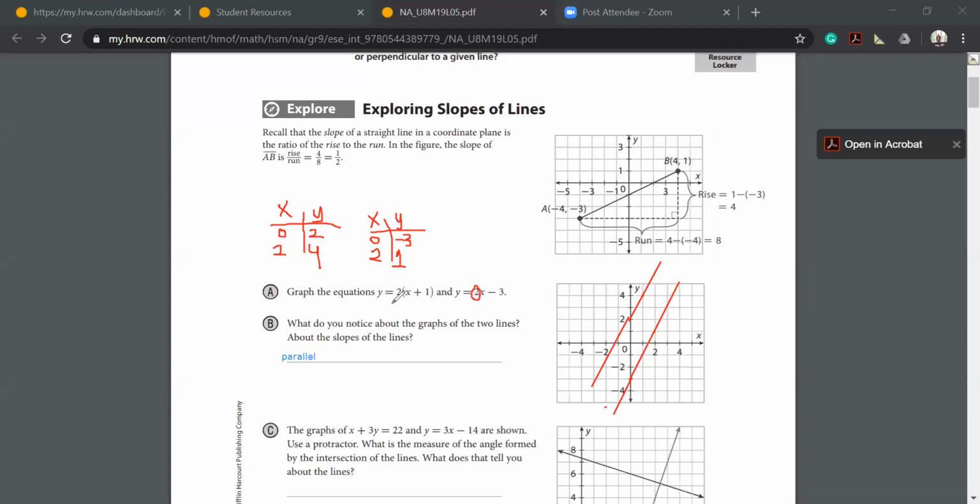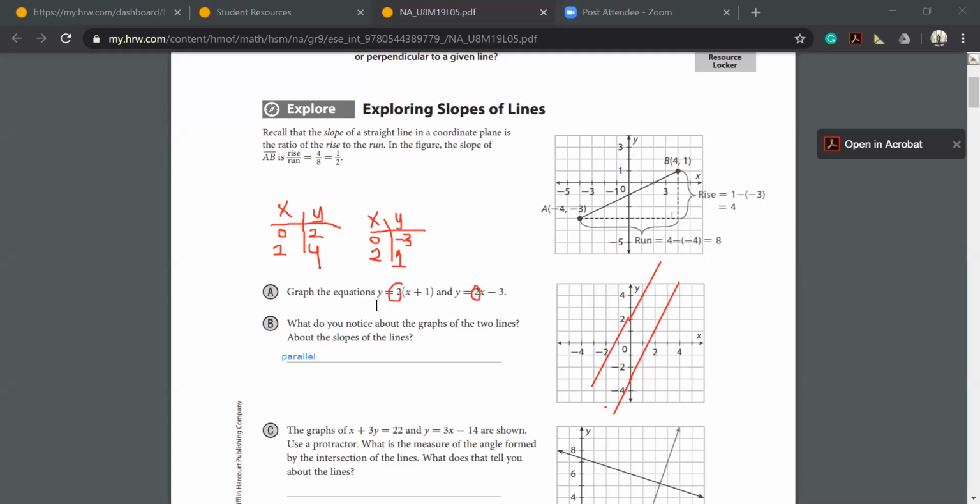Where is m? Again, you can open the bracket. So y is going to be equal to 2x plus 2, and then the slope is going to be 2. This is like the point slope form, y minus y1 equals m times x minus x1. Anyway, m here is 2 and m here is 2.